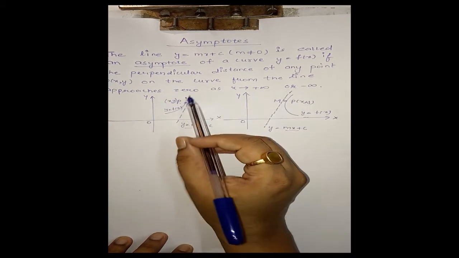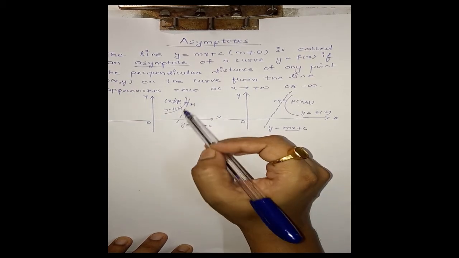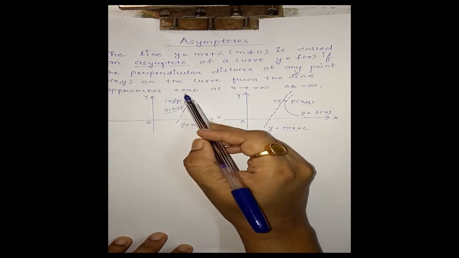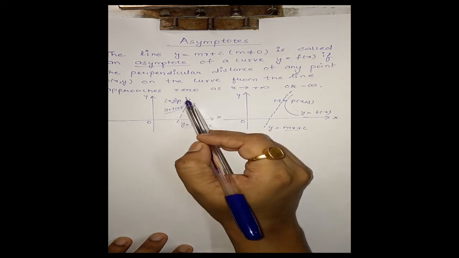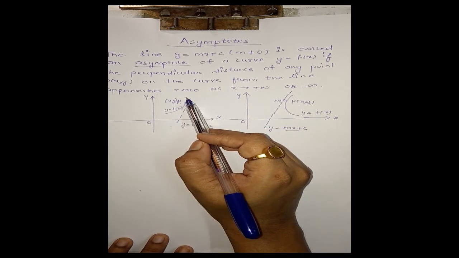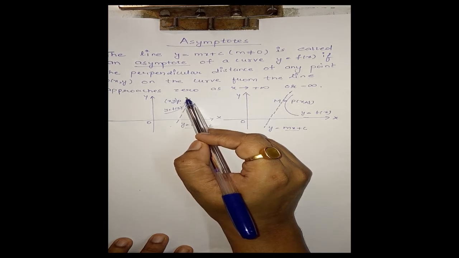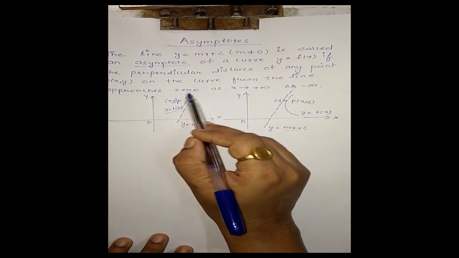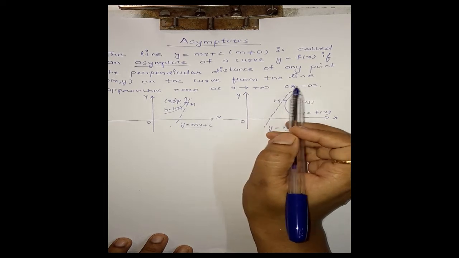For example, if I have this curve y is equal to f(x) and this is a line y is equal to mx plus c, then this line will be an asymptote to this curve. If I take any point P(x, y) on the curve, then the perpendicular distance of P from this line y is equal to mx plus c is tending to 0 as x tends to plus infinity or minus infinity.